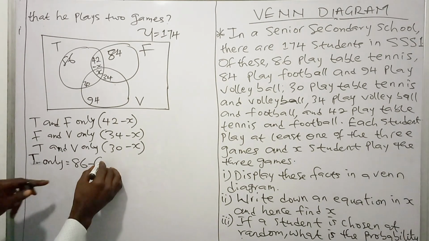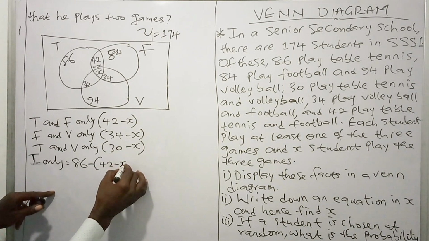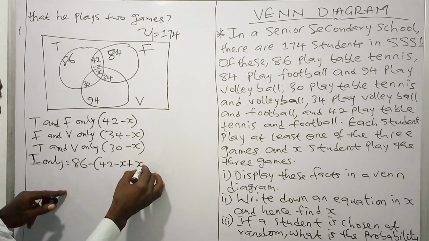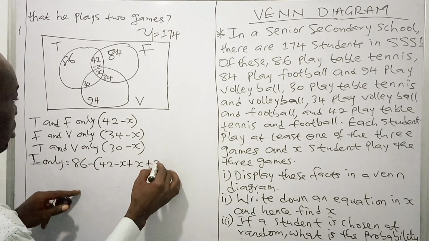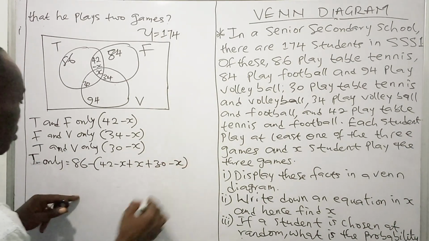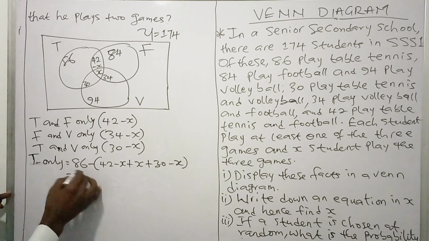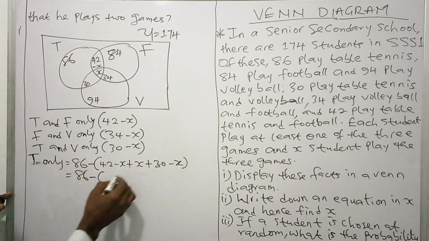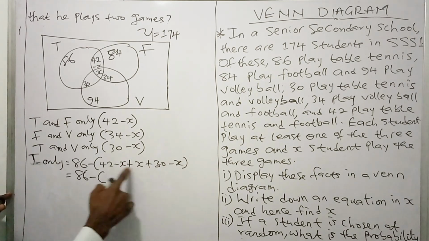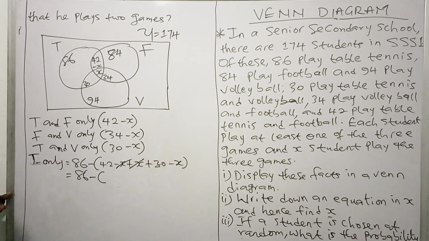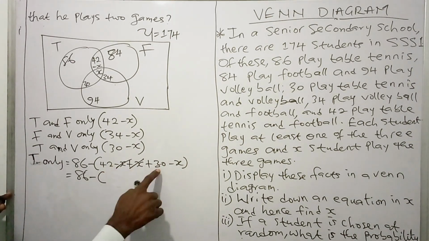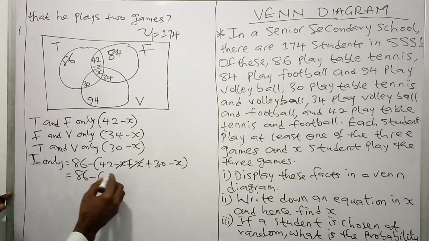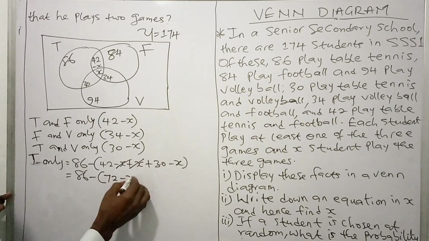So that will be 42 minus X plus 30 minus X. Now we'll simplify this. That will give us 86 minus, in the bracket, we have minus X here plus X here. These two will cancel out and give us 0. Now 42 plus 30 should give us 72 minus X.